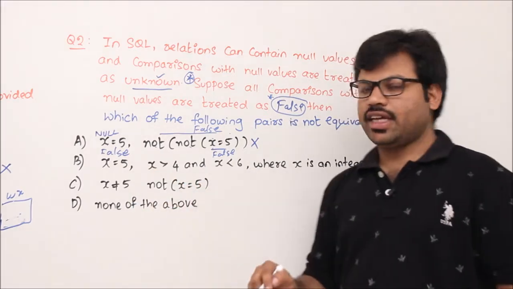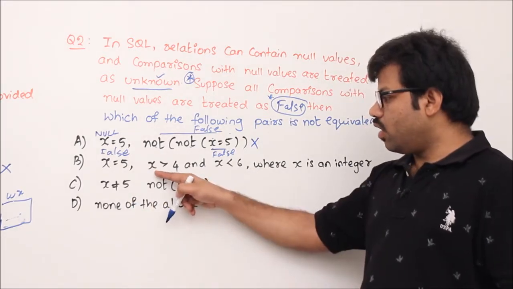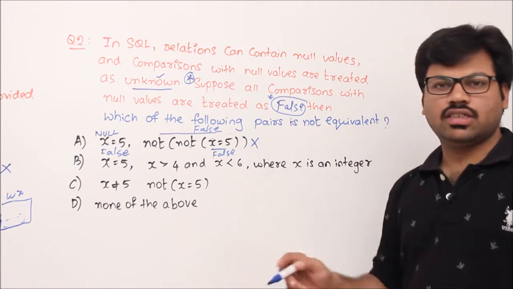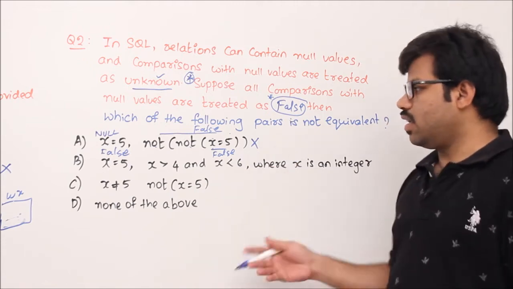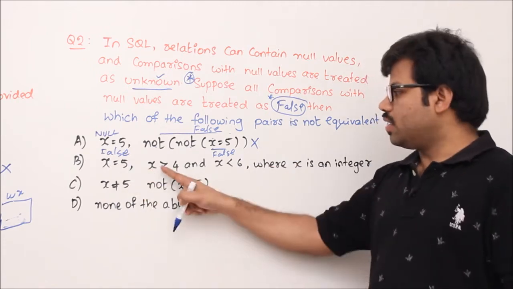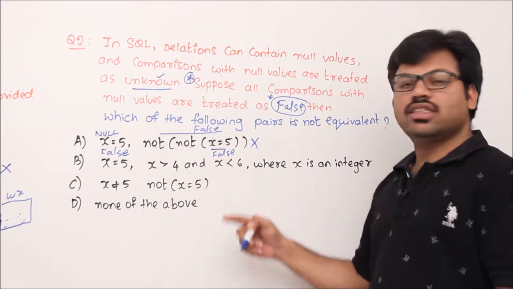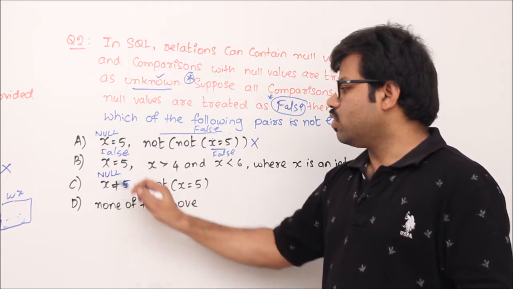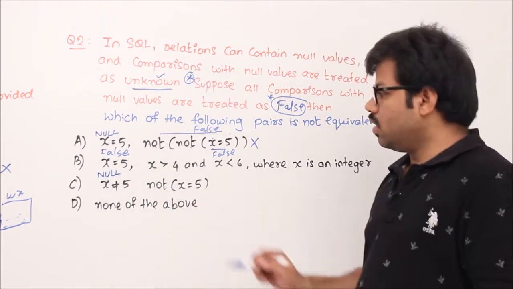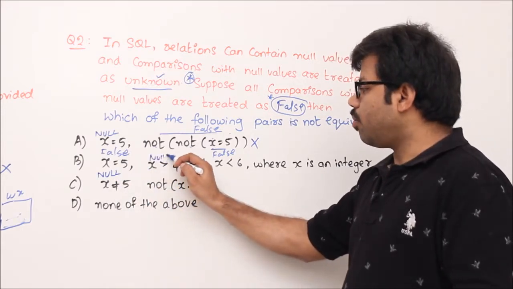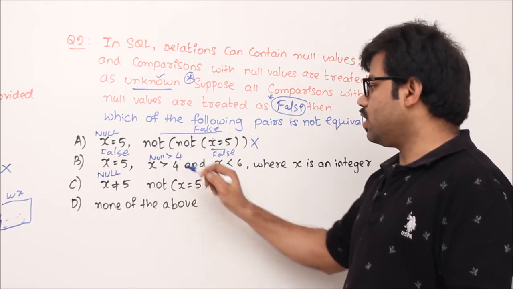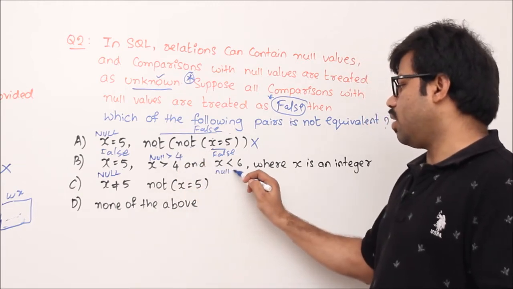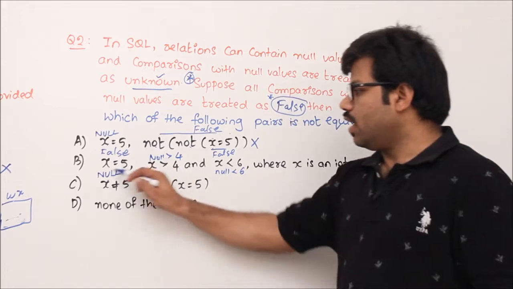Similarly, we try this one. x equal to 5 versus x greater than 4 and x less than 6. In general, when x is an integer, saying x equal to 5 and saying x greater than 4 and less than 6 are both the same. But in the presence of null values, what if x is null? Null equal to 5 is false.